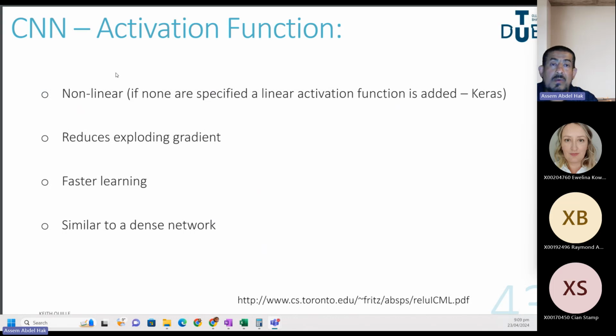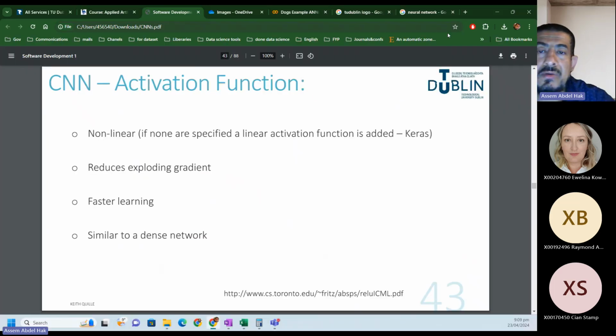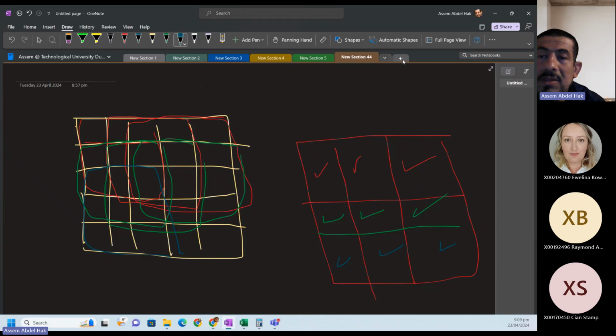Look here, guys. What is the activation function? It is nonlinear, which is ReLU, and it addresses the exploding gradient. Do you remember, guys, what ReLU looks like? I just want to make sure you remember. I'm sure we talked about this.